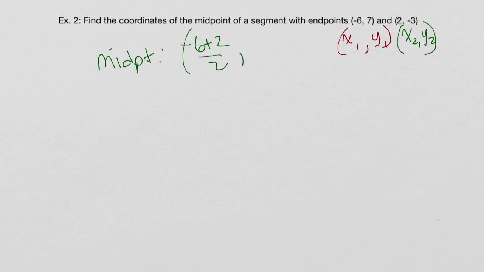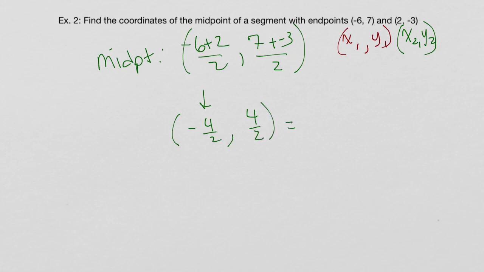And then I'm going to take the average of the y-coordinates, 7 plus negative 3 over 2. So that becomes negative 4 over 2, and 7 plus negative 3 is 4 over 2. So we end up with (-2, 2). Those are the coordinates of the midpoint.